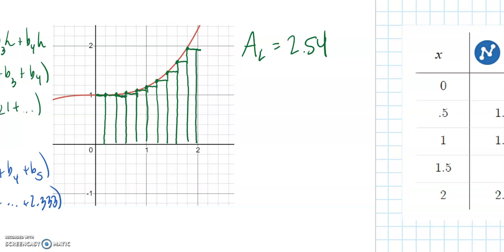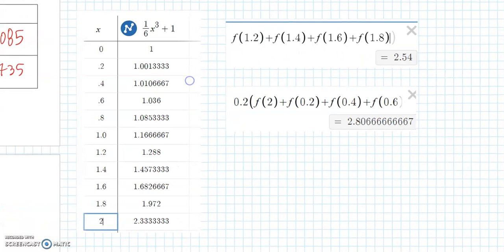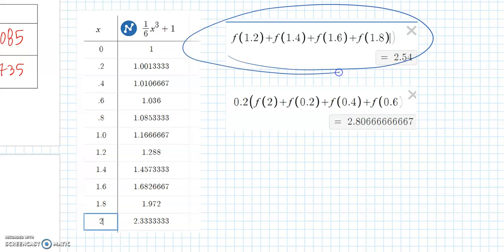In this case, 10. So between 0 and 2, I used 10 increments. I took 2 divided by 10 and got 0.2 as each height. Then I'm going to do 10 different rectangles using the left hand and the right hand. Again, I used decimals, and I made this big table, and I typed in the increments 0, 0.2, 0.4, et cetera. Then I had Desmos calculate the lower area, which is the height times the first, second, third, fourth, et cetera, rectangle, though you don't see that here because there are 10 of them.